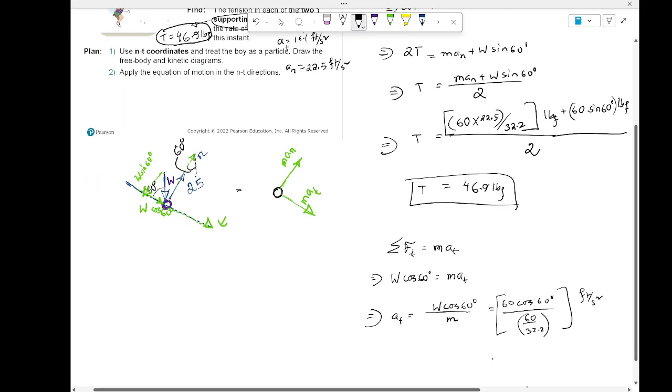Okay, and then you will have this 32.2, the 60 will cancel out, cos 60 feet per second square. So cos 60. All right, then you'll have this 16.1 feet per second square.